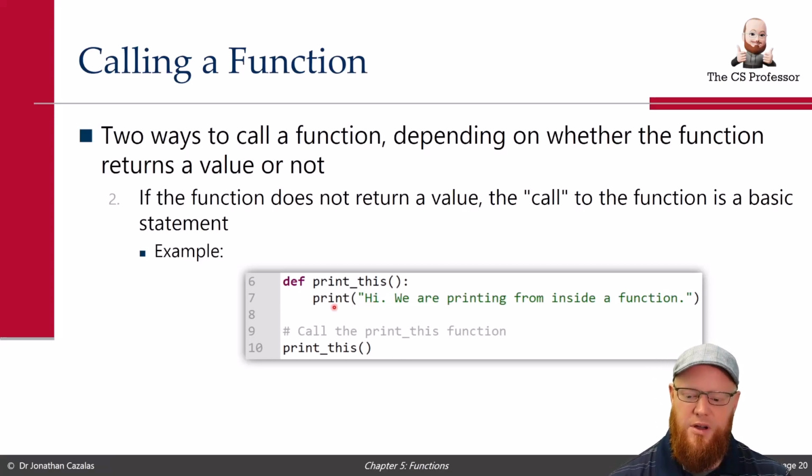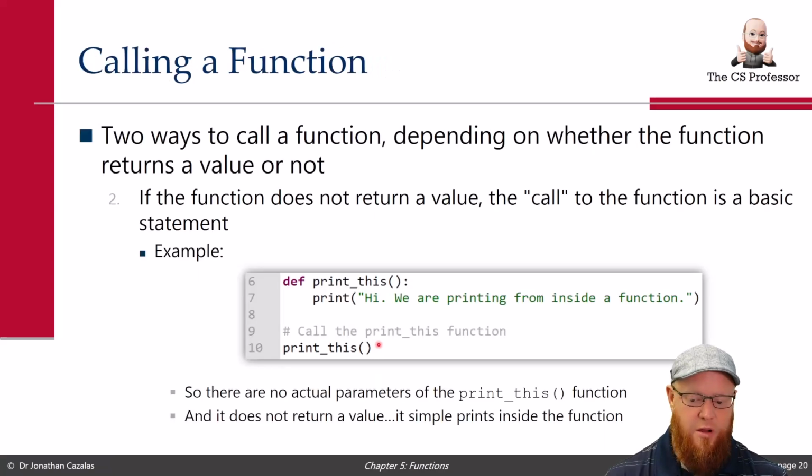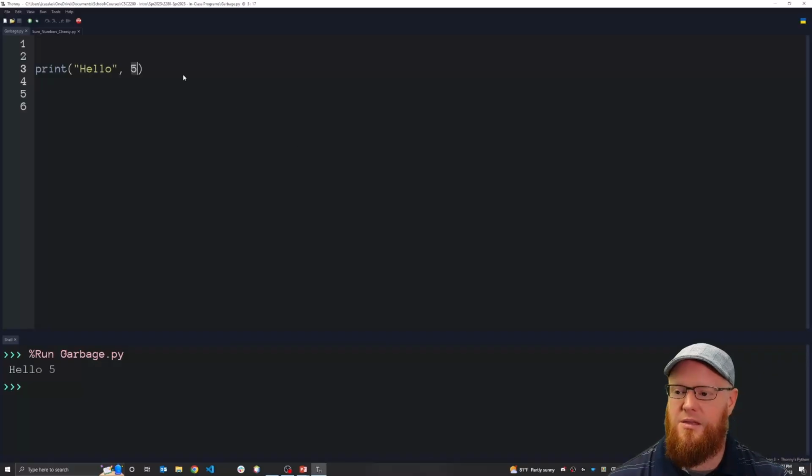We've created that function. How do we actually call that function or start that function? We simply, as a basic, simple statement, type the name of that function, print this, followed by parentheses. There are no parameters of this print this function, and it doesn't return anything. Let's actually look at that one.